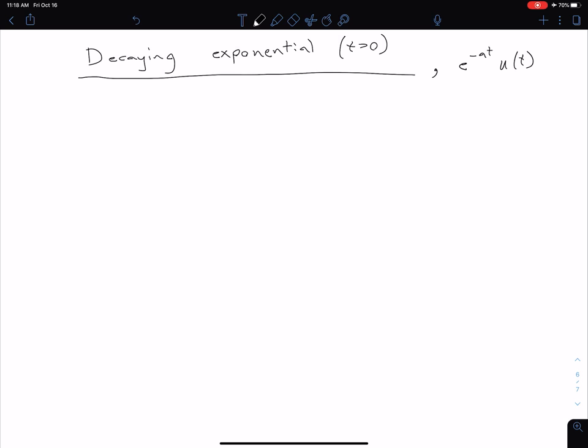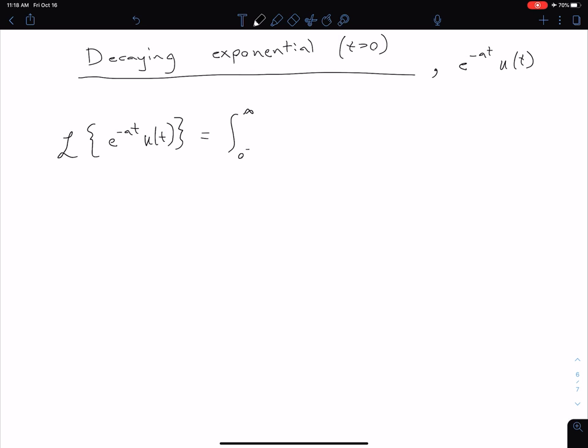So let's find that using our equation. We can say our Laplace transform of e to the minus at u of t. And again, this u of t is sort of just an explicit formality saying that this function is defined for t greater than 0. So what we have then is our integral from 0 minus to infinity. And as we saw on this range with our previous video, our u of t is just 1.